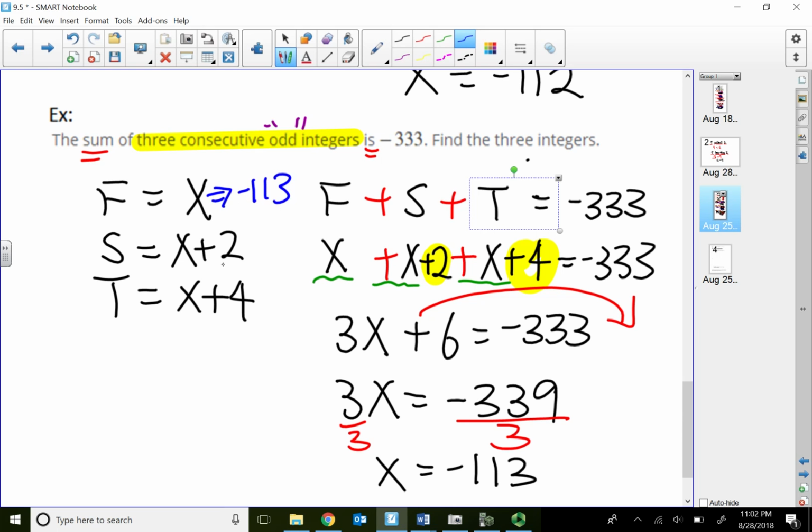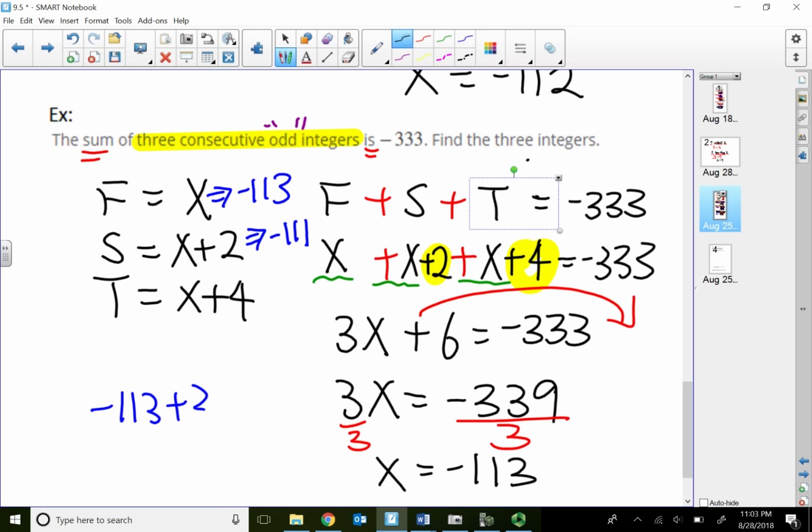The next one to the right of it, if I plus 2, will be negative 111. Be careful now. A lot of people say, oh man, plus 2, that would be negative 115. Come on. Negative 113 plus 2: terms with a different sign, we subtract. So negative 111 is actually bigger than negative 113.